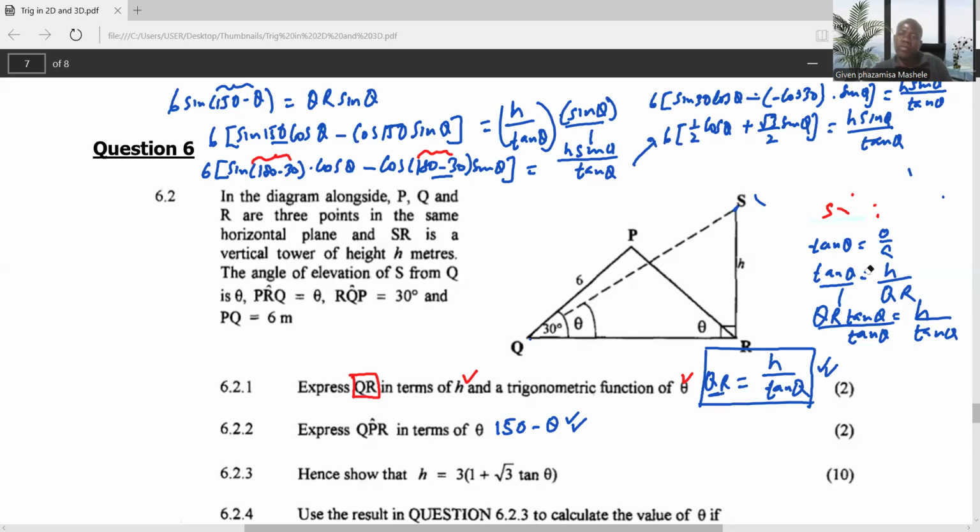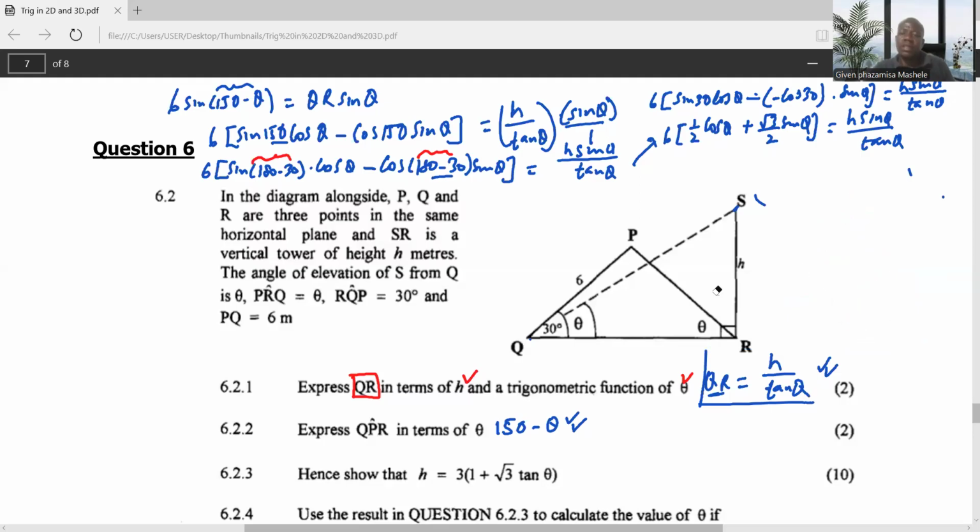If we multiply everything by 6, the first one will be 6 cos theta, oh, I meant to say 3, sorry, I apologize. 3 cos theta, so this will give us 3 cos theta plus, this side will be root 3 sine theta.